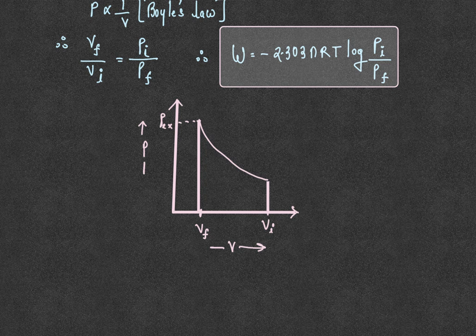Had it been an irreversible compression, what would the graph look like? Had it been an irreversible single stage compression, it would have been like this.